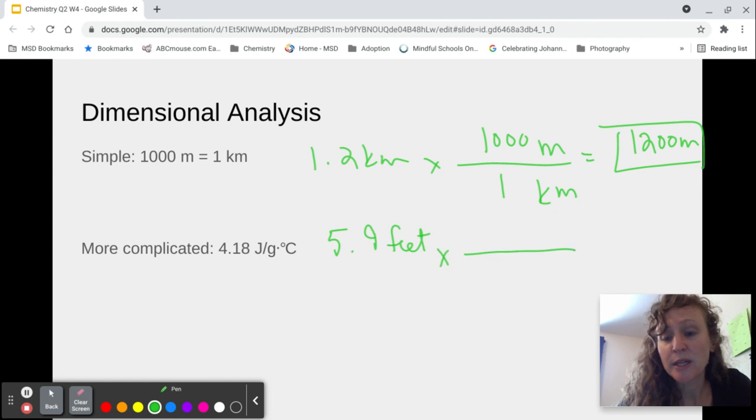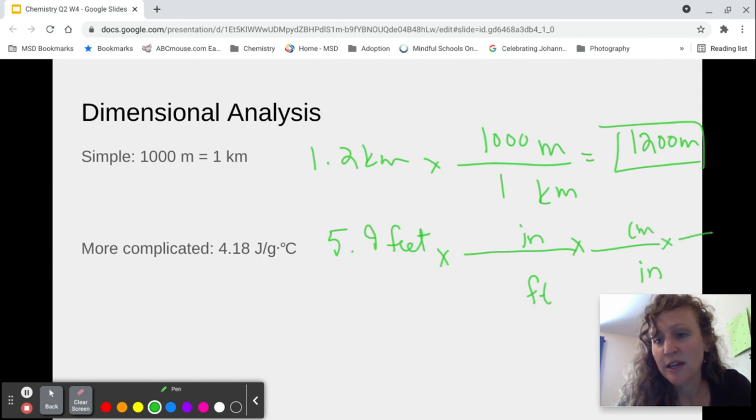Well, we can use dimensional analysis to get out of feet into inches, out of inches into centimeters, out of centimeters into meters, out of meters into kilometers. So I've just set up this enormous problem bouncing between a bunch of different units, and all I have to look for is these ratios.